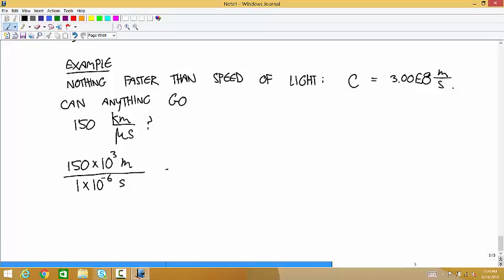Now our units are meters per second, so this is 150 times 10 to the 9th meters per second. That's faster than 3 times 10 to the 8th meters per second, so it's not possible.